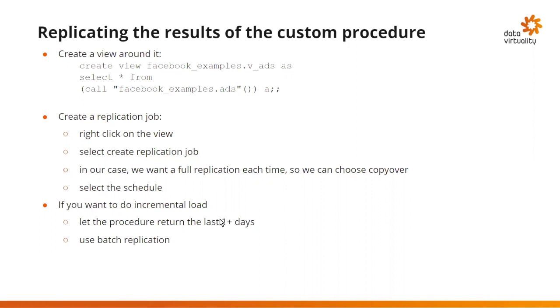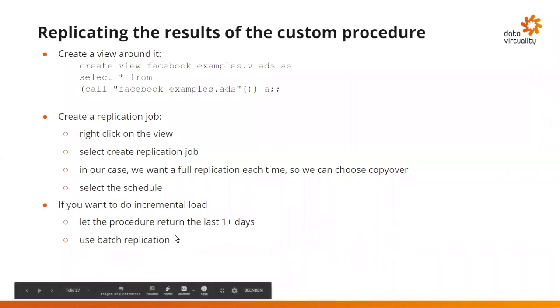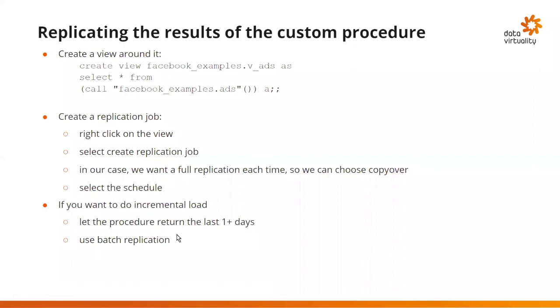So for example, the last day only or more than that, for example, the last 3 days, having a date column. And if we remember the batch replication, then this could actually be used in accordance with a view with the ID to prevent duplicates using the date for this. And this is how you can also do the incremental load if you do not have a target table parameter.